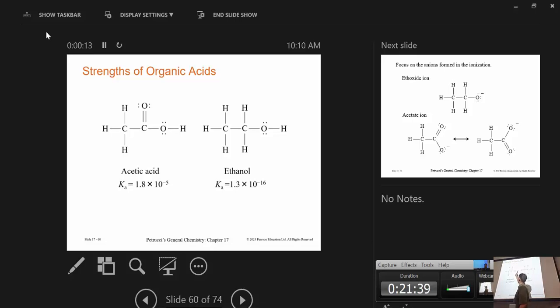Oxygen is 3.5, hydrogen is 2.1, so that's polar covalent. Oxygen is 3.5, hydrogen is 2.1, so this is also polar covalent. When we calculate the delta EN for this bond, it is exactly the same as the delta EN for this bond. You would think that these hydrogens are equally red, but they aren't equally red. One hydrogen is a lot more red than the other. Which one is it?